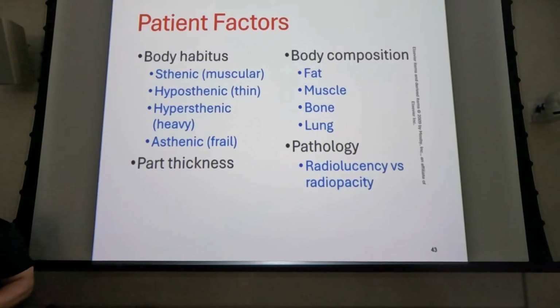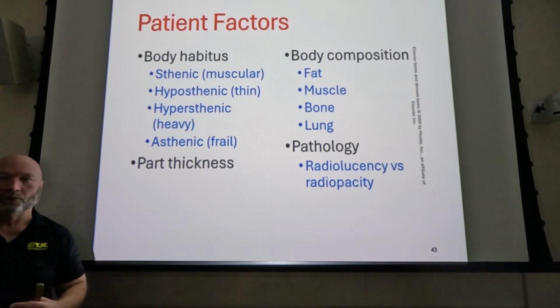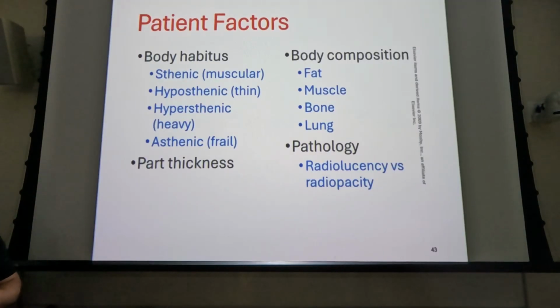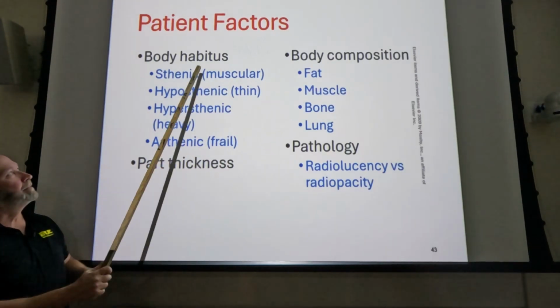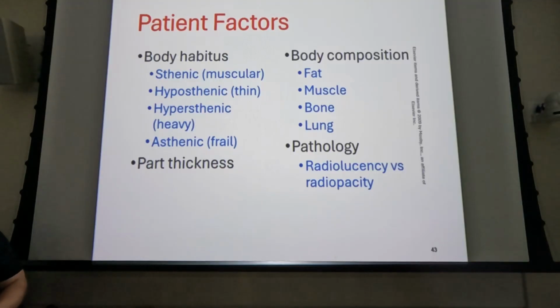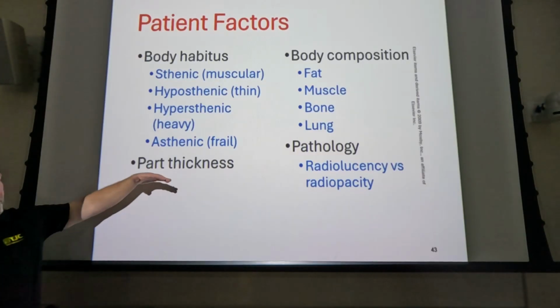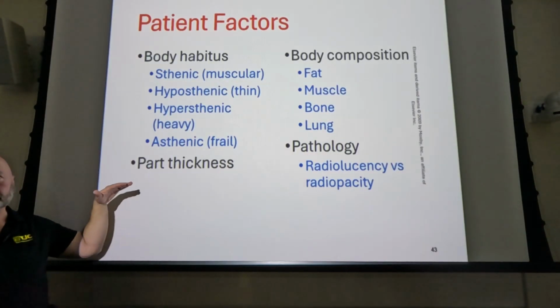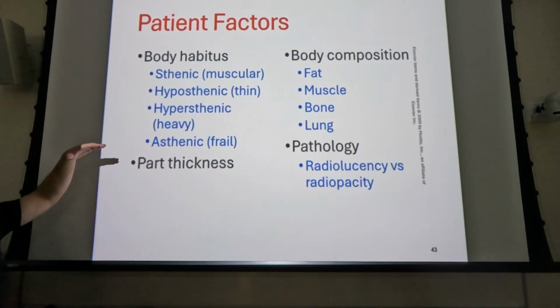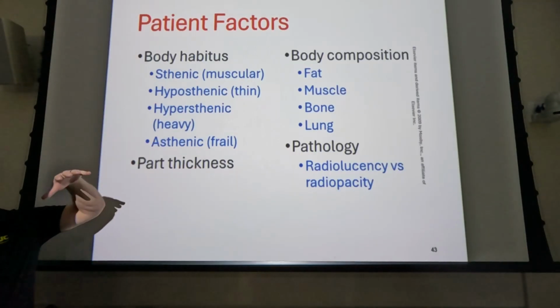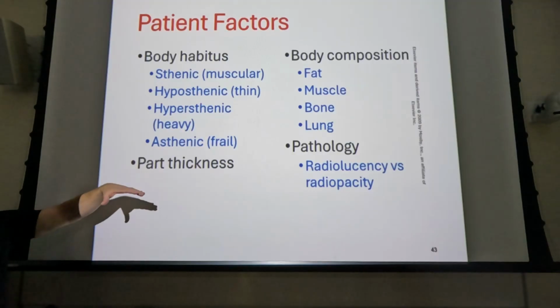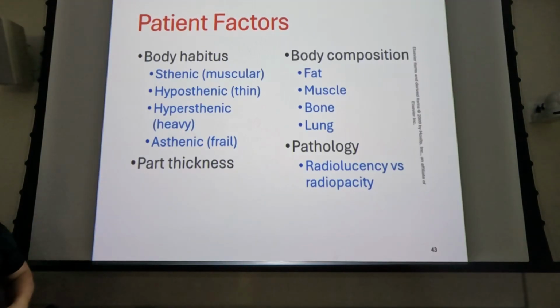In our patient factors, that's really where we're going to see changes in contrast on our image receptor more than anything else. We've got two different things, and that is primarily body composition and body habitus. You know what body habitus is, but part thickness, independent of the body habitus, is really what affects the appearance of your image.